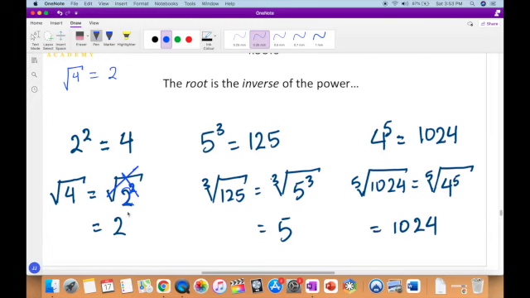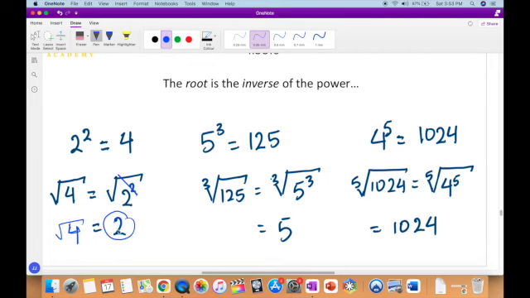And this is an important thing to remember. We'll see this again. None of these things are isolated. Right? So the square root and the square are cancelled, and you'll get back the number. So the square root of 4, what number that if I multiply it by itself will give me 4?